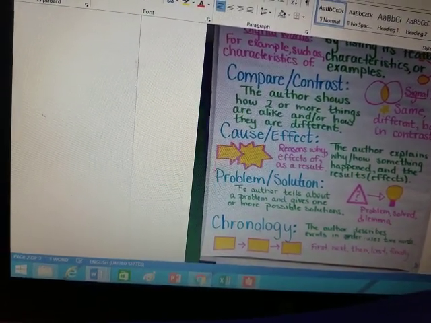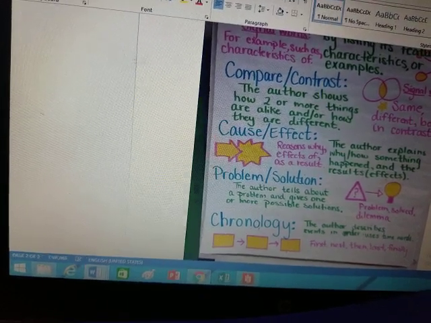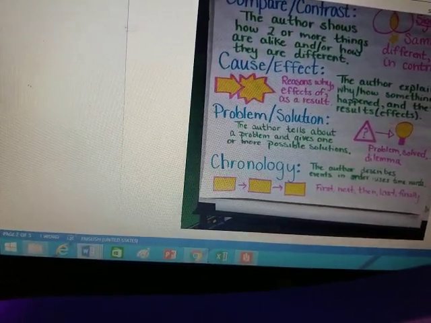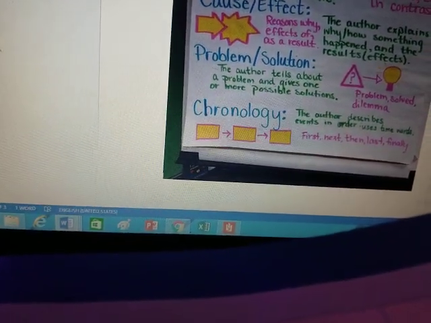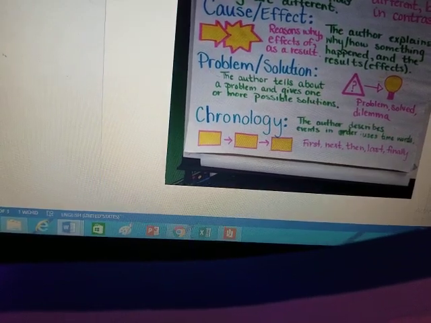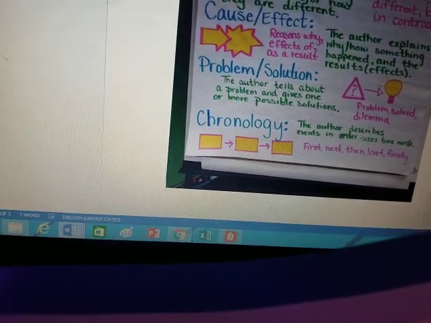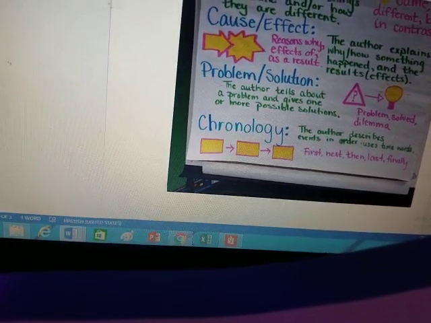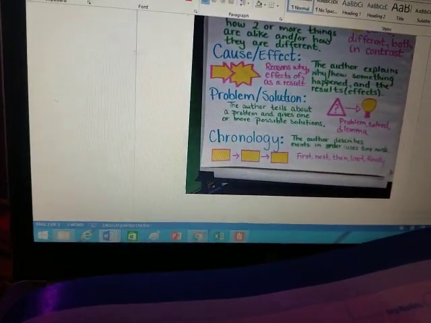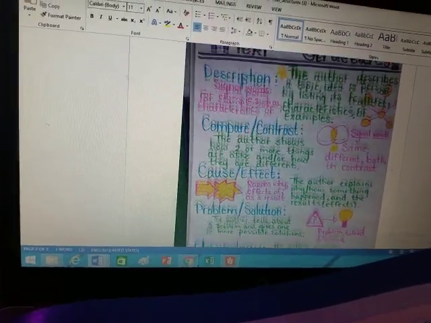Because they did this with the apple, this is what happened? Was there any kind of problem in it? Did they have a solution? Or did they have sequence? Did they have order, numbers, or first or second, third? Did they have step-by-step directions? If they did, then your answer would be that one. If they didn't, then you would have to choose a different one.